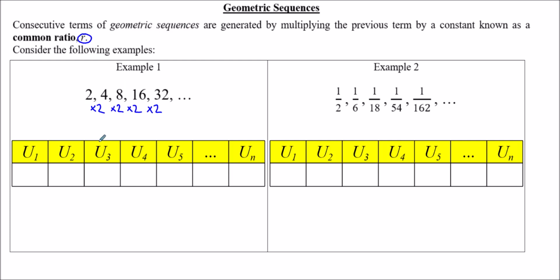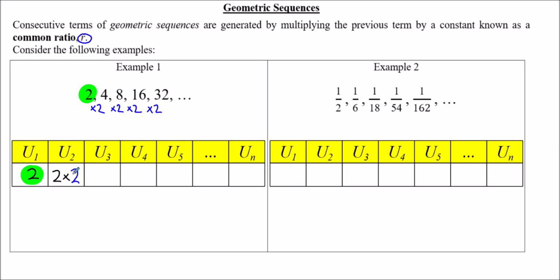So I'm going to write this all in relation to the first term and this common ratio. So the first term obviously is just 2, which I can just write down here. The second term, obviously you can see it's 4, but I want to write this as 2 multiplied by 2. The third term, I'm taking this 4 and times in by 2 again.